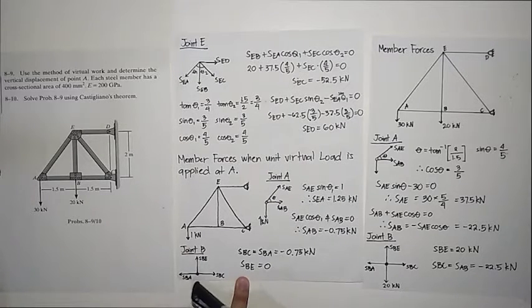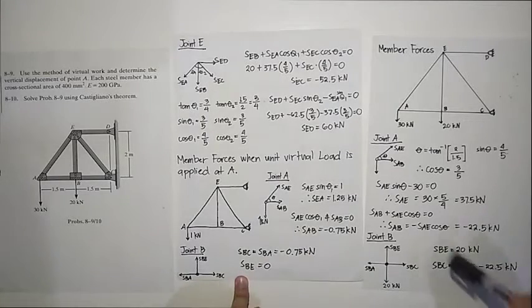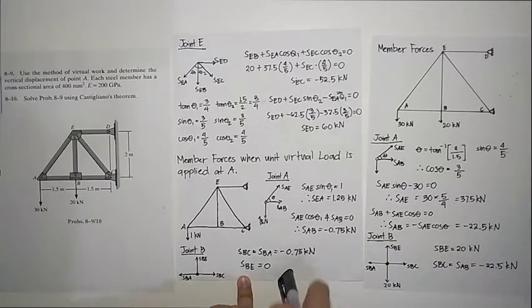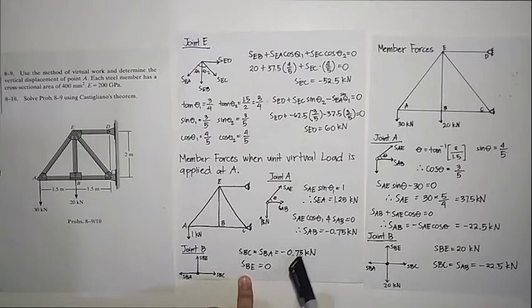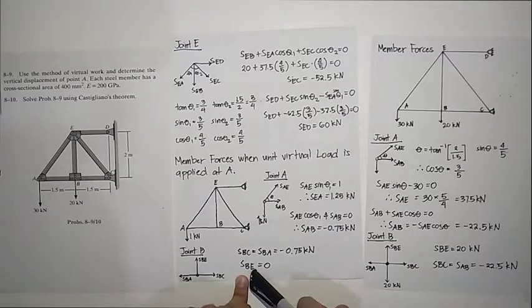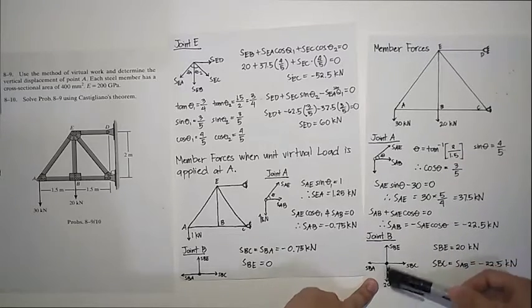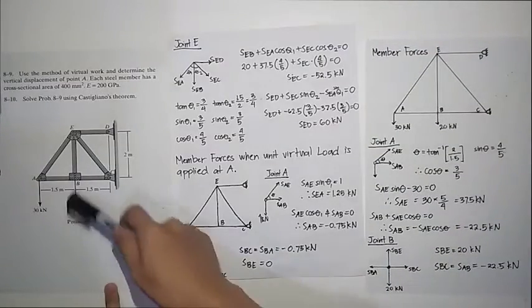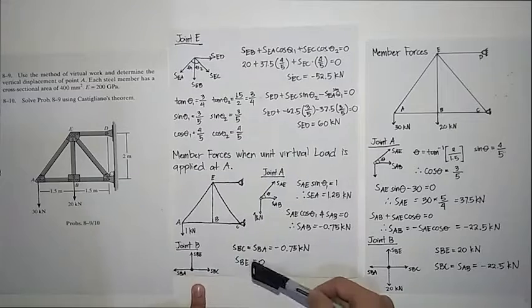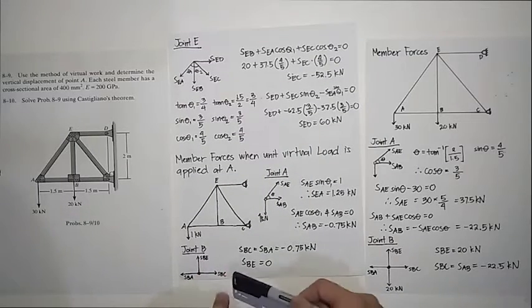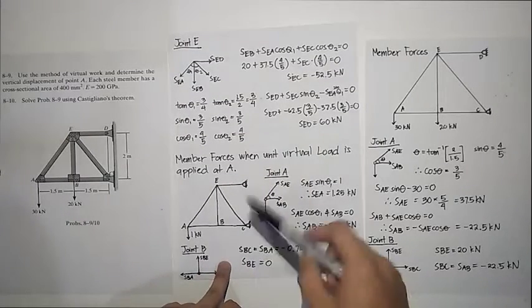SBC po muna tayo, mamaya na po SBE. SBA is kaparehas lamang ng kanina na na-solve natin, so equals to negative 0.75. Ngayon, ang SBE ay 0 na, kasi wala na pong force o load na nakalagay dito sa ilalim, kasi nasa A lang po.